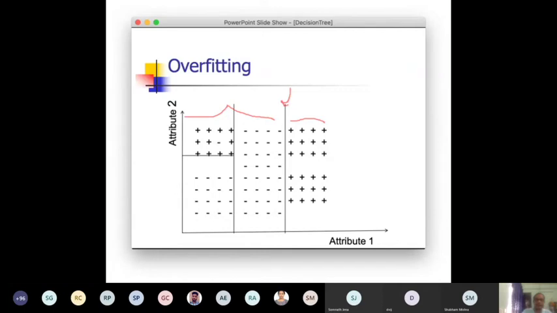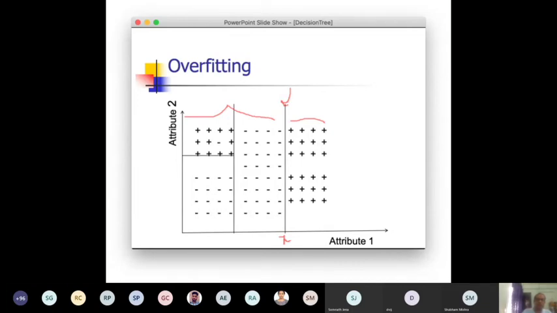In the decision tree, this split takes place at attribute 1. This may be some value, say x. So in the decision tree, you check whether attribute 1 is greater than x or less than x, and depending upon that you move towards left or right of the tree. Then one of the nodes has become, of course, pure, so you don't move after that. Otherwise, you go to the other node.